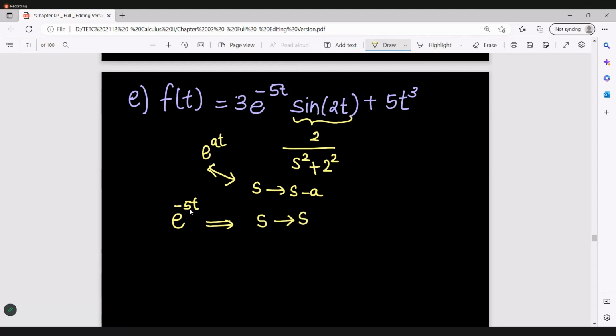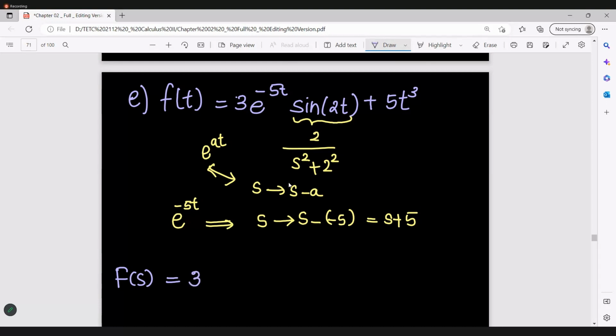The value of a here is minus 5, so we need to substitute s by s minus (minus 5). That means we need to substitute s by s plus 5. So to obtain the answer, we can write capital F of s, keeping this 3 as it is.